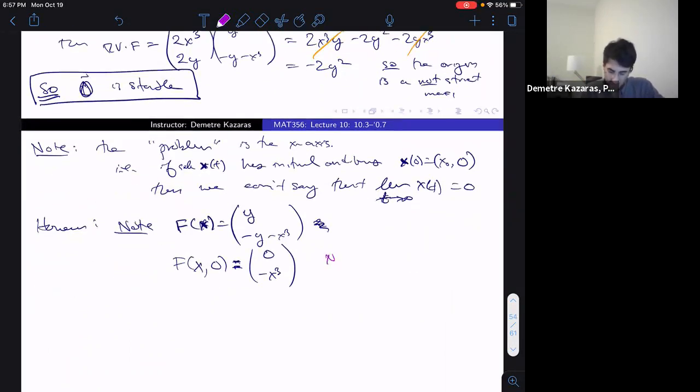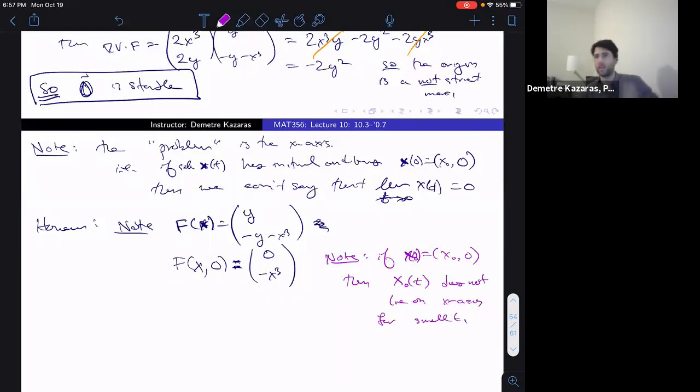And so note, if the initial condition x of 0 is x naught comma 0, then for any positive time, this does not lie on the x-axis, at least for small values of t.